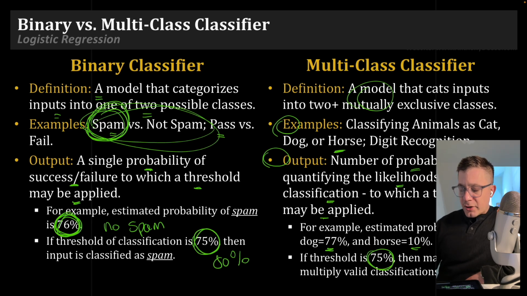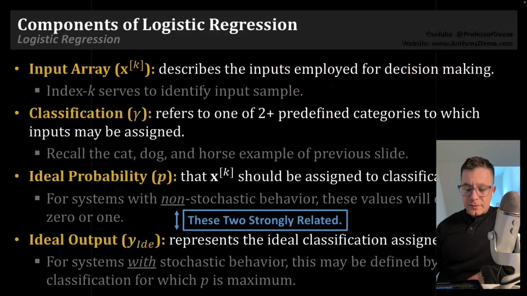If again we set a threshold at 75%, then we would have multiple valid classifications. It could be showing up as a cat or a dog. In the same vein, if we increased our threshold to 80%, then we would get no valid classification. So there's a lot of nuance, not only in the way that we perform the logistic regression, but also in the way that we interpret the results.